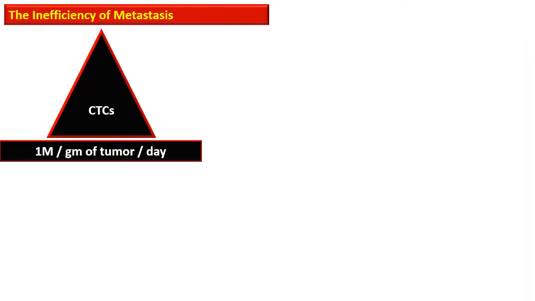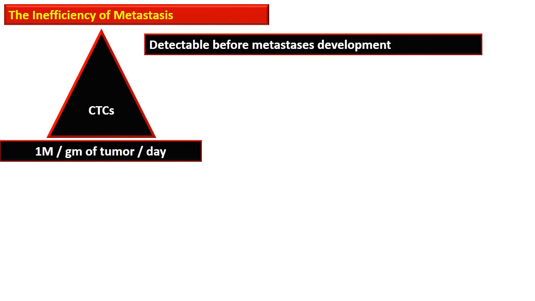Circulating tumor cells are present in large quantities in cancer patients, and about 1 million tumor cells are released per gram of the tumor per day.